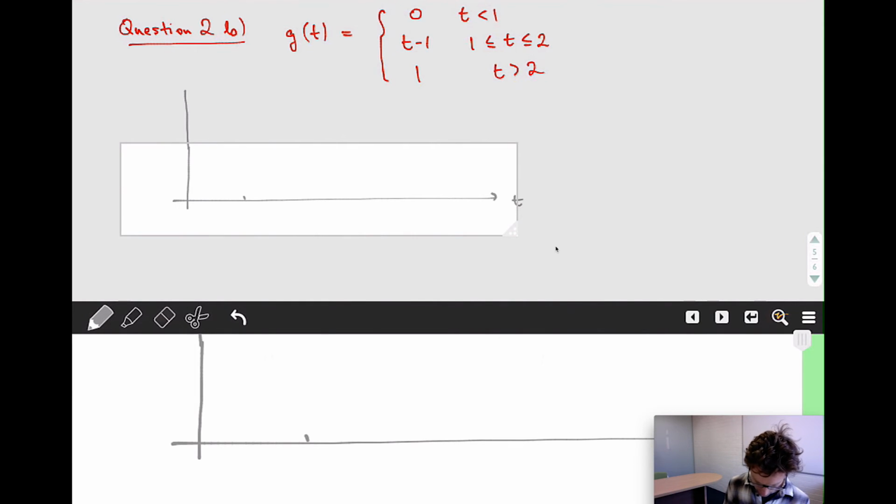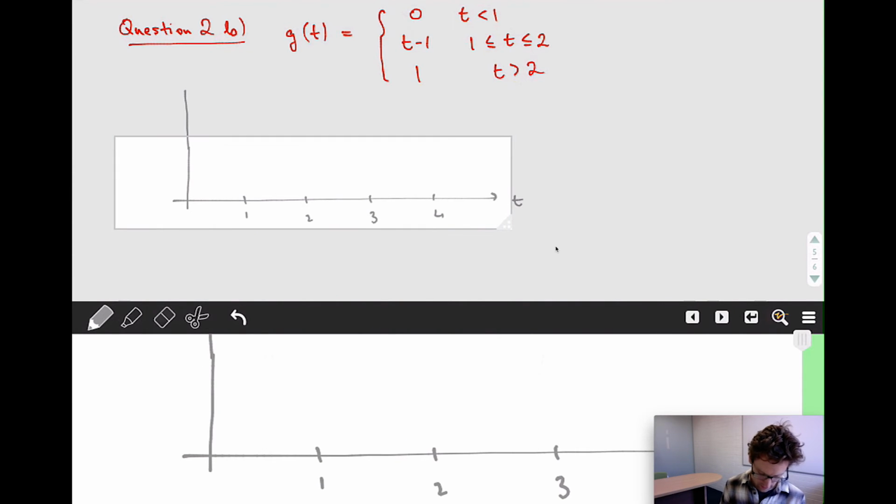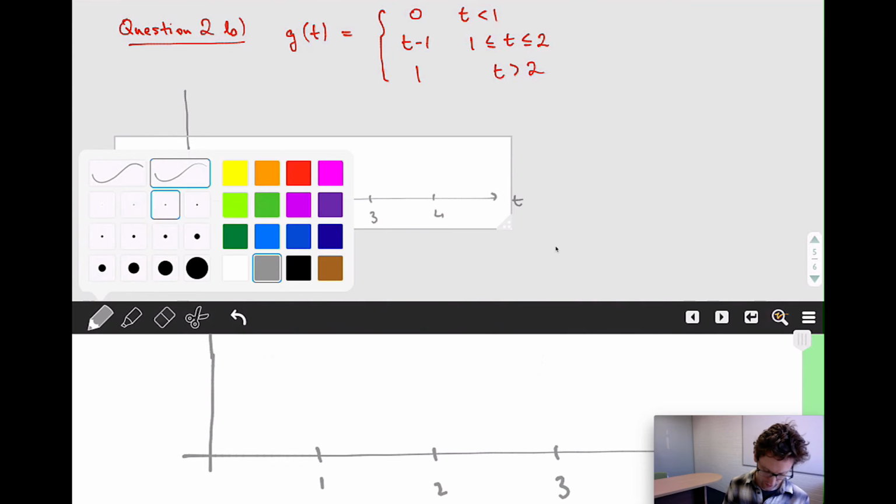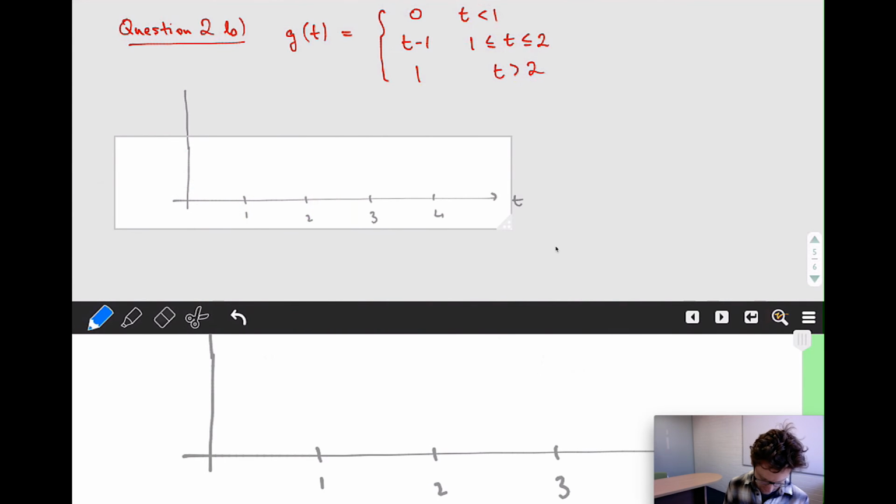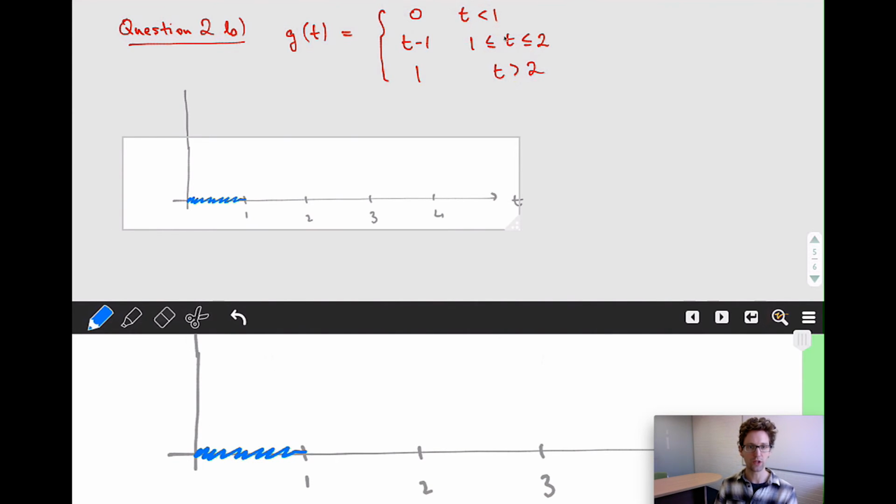I've got t equals 1, 2, 3, 4, and so on. So between t equals 0 and 1, this function is simply 0. For values of t between 1 and 2, I'm told that this is equal to t minus 1. So it's got a positive slope of 1, but it's been shifted so that its intercept is at y equals minus 1.